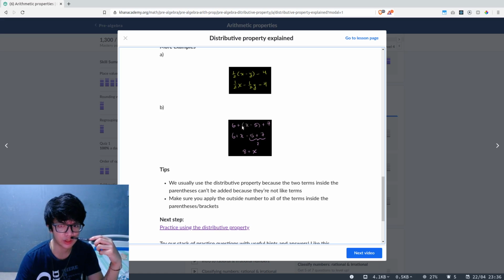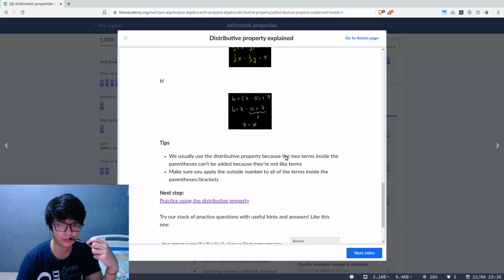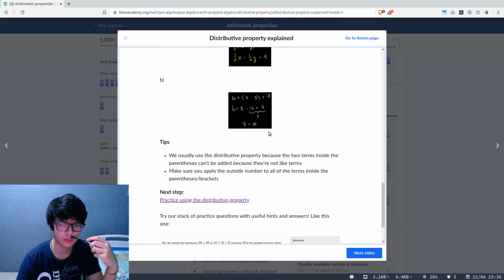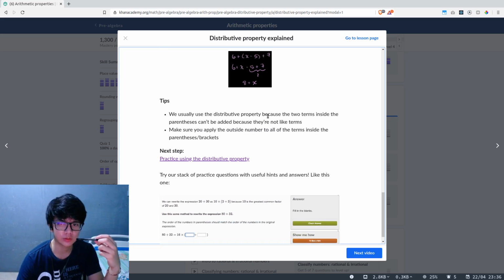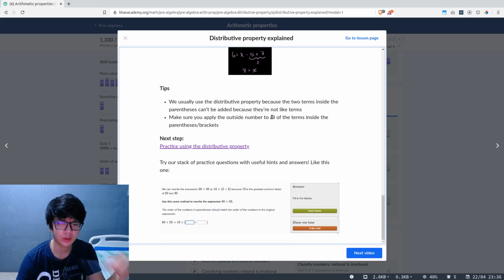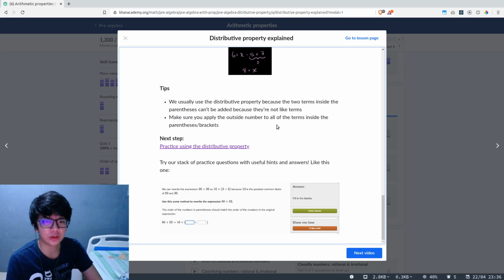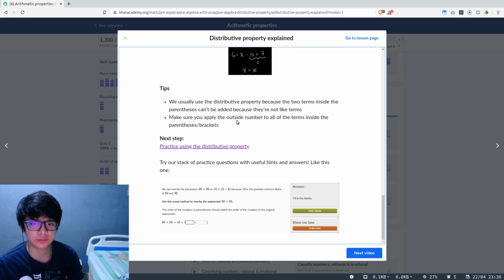Same thing if you just remove this parenthesis. Okay, cool. They're not like terms. Make sure you apply the outside number to all of the terms inside.